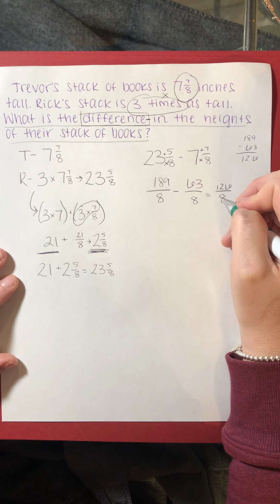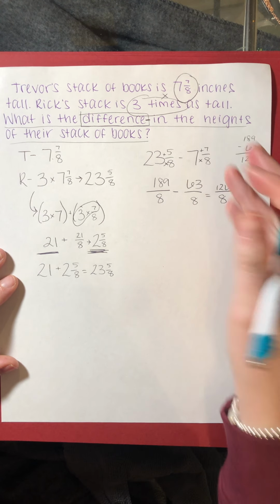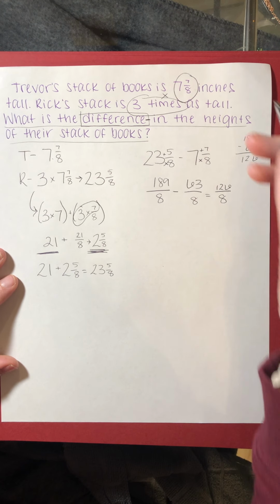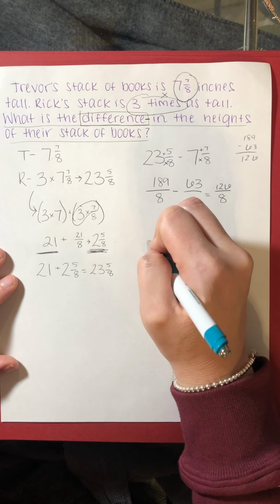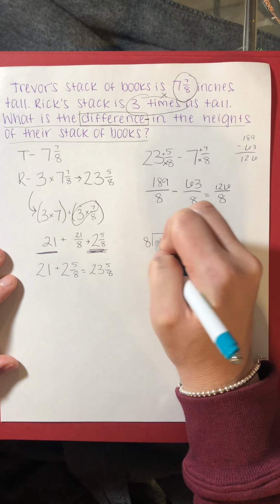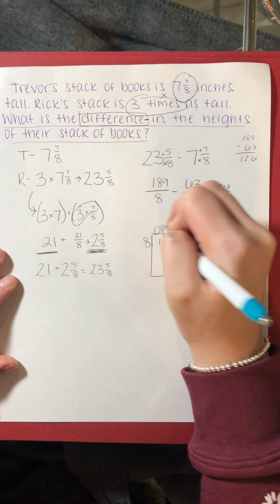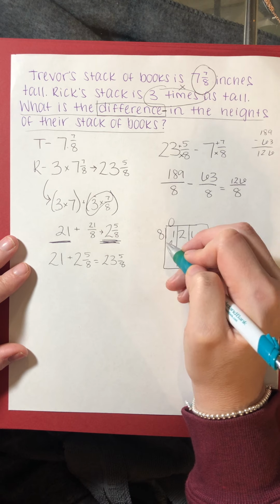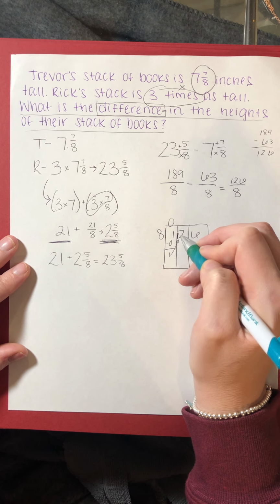Okay? I can't leave it like this. I do have to do some division now. See how long this problem is taking? You guys really got to take your time, but I know that you can do it. Okay? So how many times can 8 go into 126? 8 can go into 1 0 times. Bring that up. How many times can 8 go into 12?